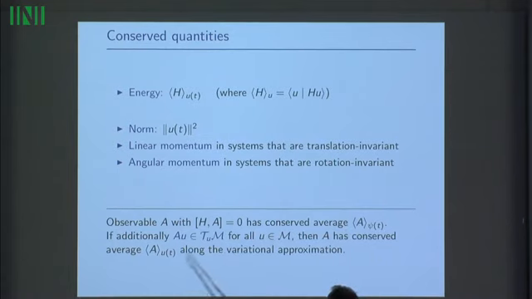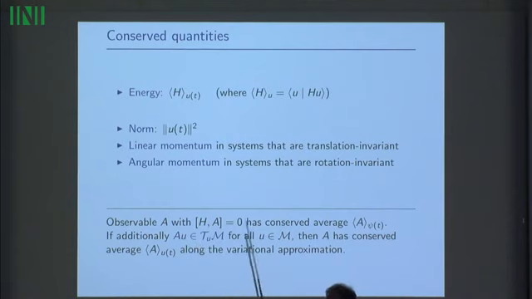And now we have this approximation. And if we have the property that A maps every point in the manifold into its tangent space, then a one-line calculation shows that the average remains conserved along the variational principle. And here for the norm, you just take the identity operator.